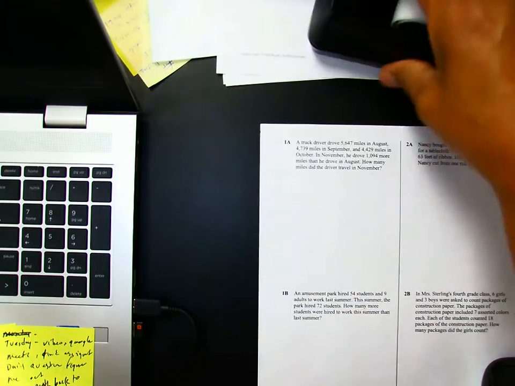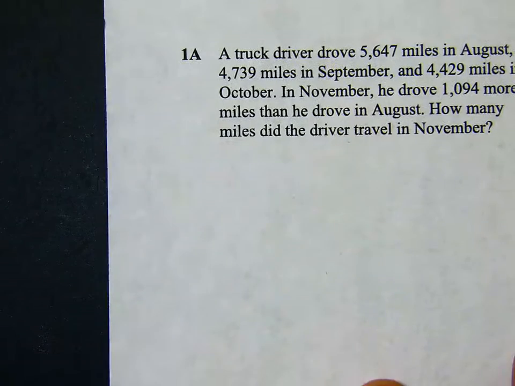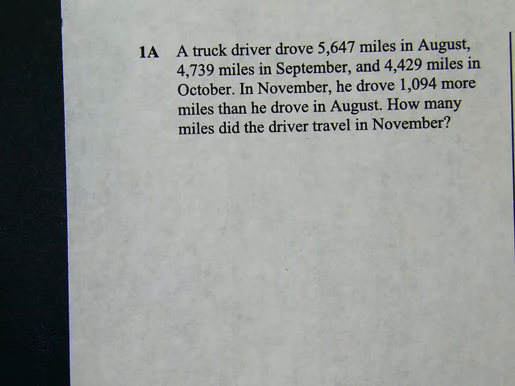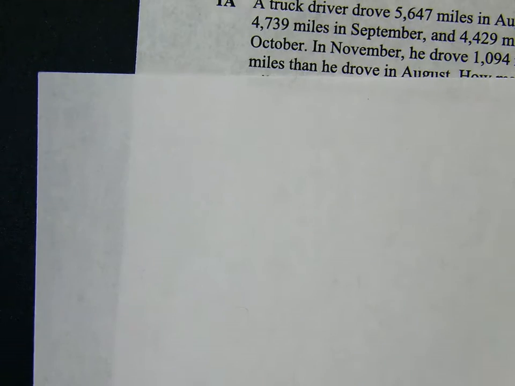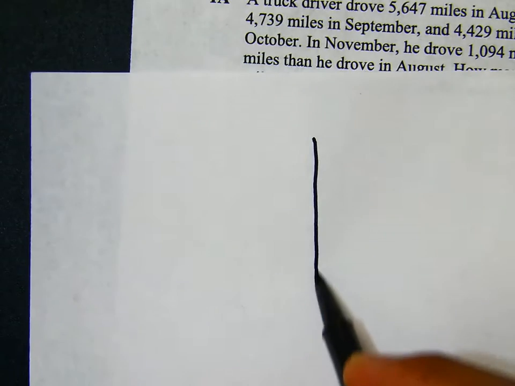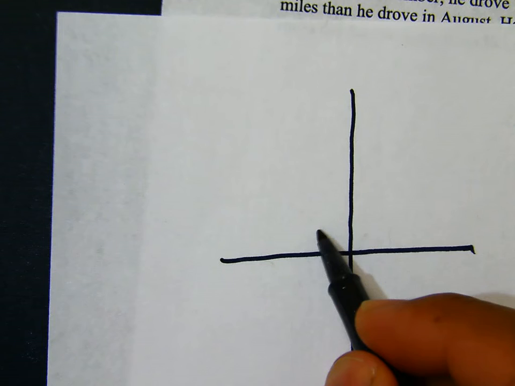Now we're going to use the UPSI model to help us understand this word problem. Our UPSI model has 4 parts to it. The first part is the understand part.